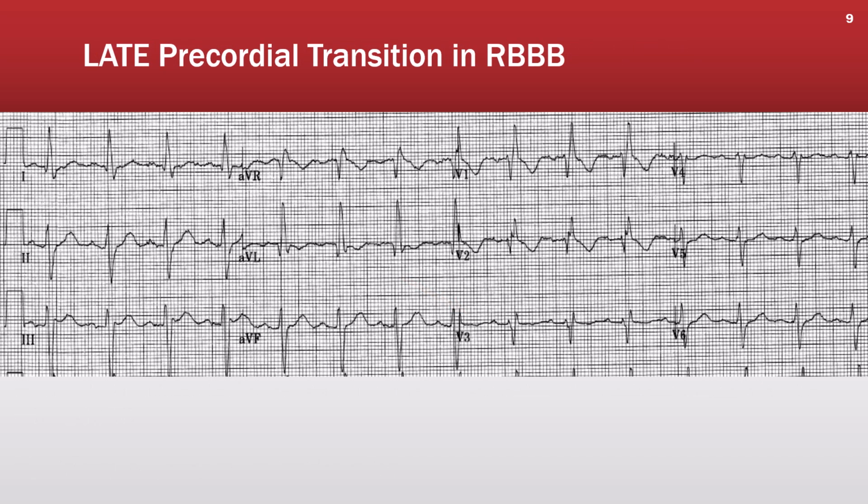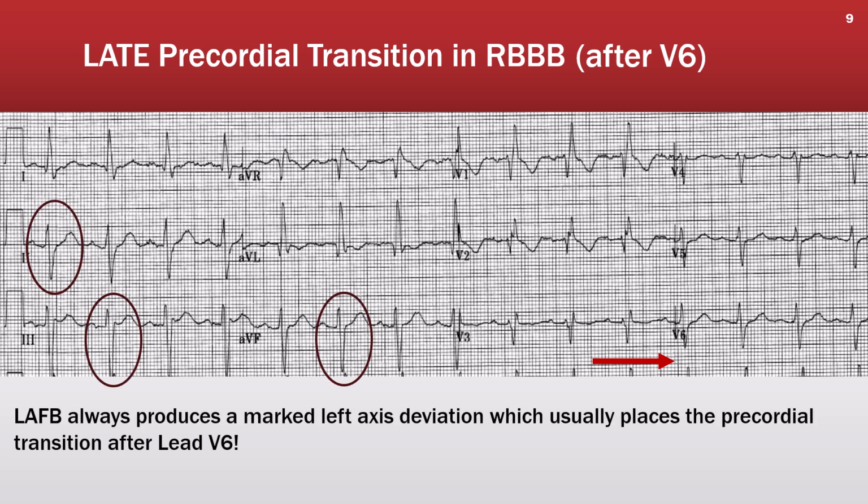Right bundle branch block, however, can sometimes present a little confusion. In this case, the precordial transition is late. It occurs after V6. And the reason for this is the fact that we have a left anterior fascicular block.